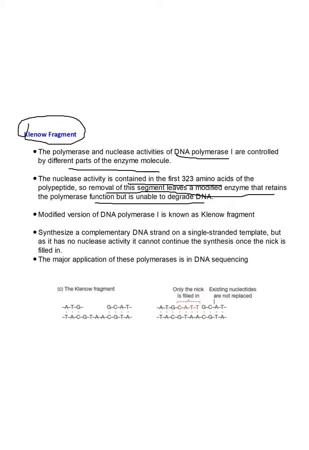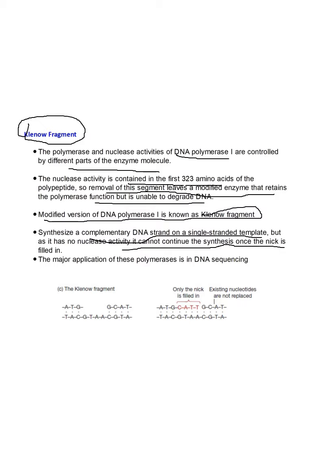This modified version of DNA polymerase 1 which is left is known as the Klenow fragment. It synthesizes a complementary DNA strand on a single stranded template, but it has no nuclease activity, so it cannot continue the synthesis once the nick is filled.